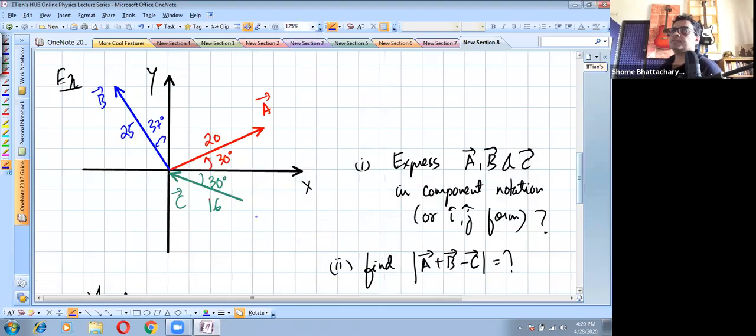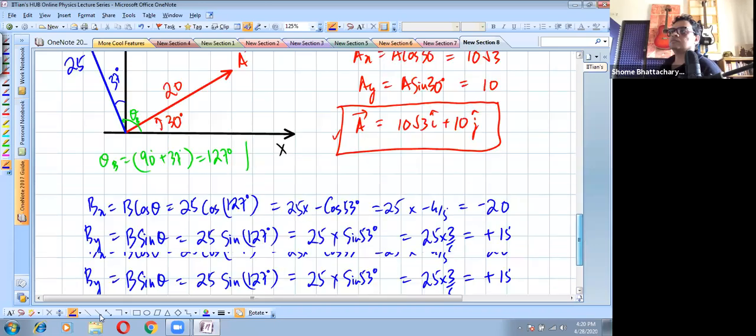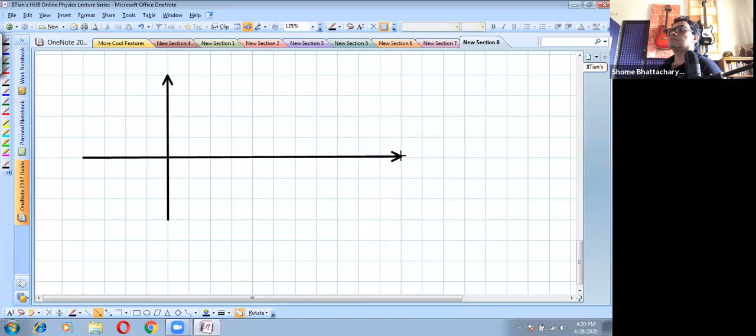So I'm just giving you a perspective of the vector C again, so that you are clear about that. The thing you have to be mindful of is that even though the vector C is drawn in the fourth quadrant, make sure you understand what the angle is.